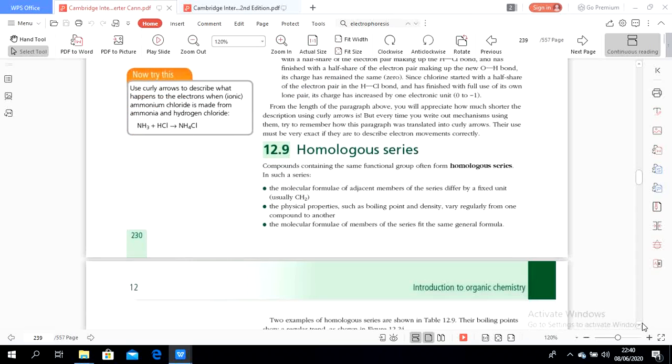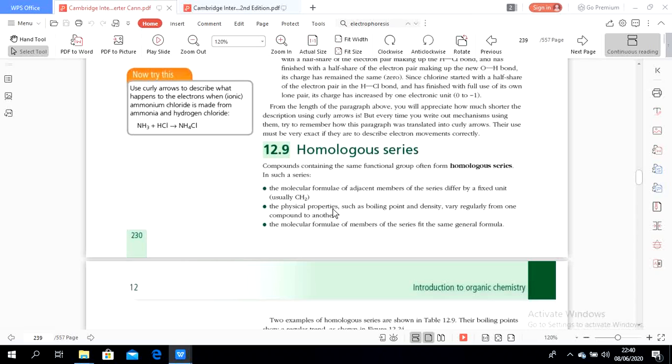And then there is a homologous series. Compounds containing the same functional groups often form homologous series. In such a series, the molecular formulae of adjacent members differ by a fixed unit, for example, usually CH2.